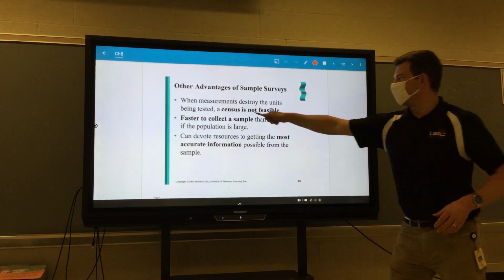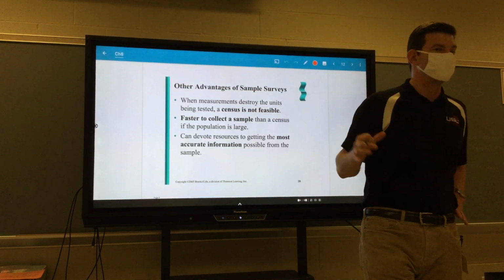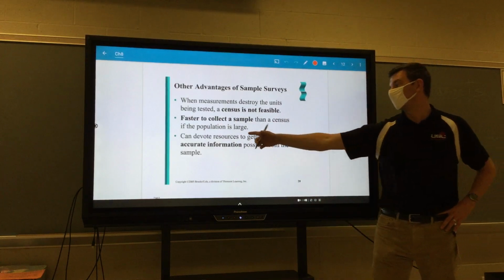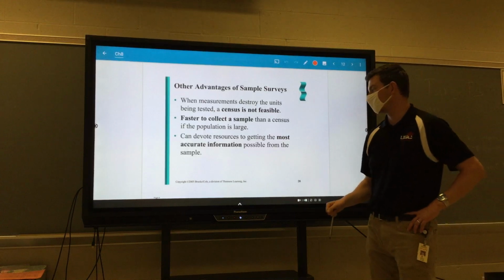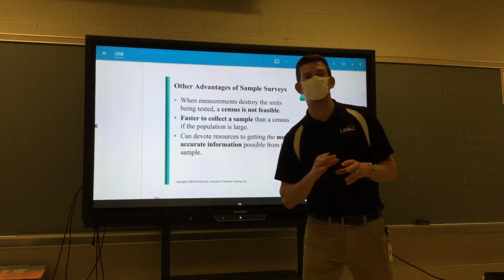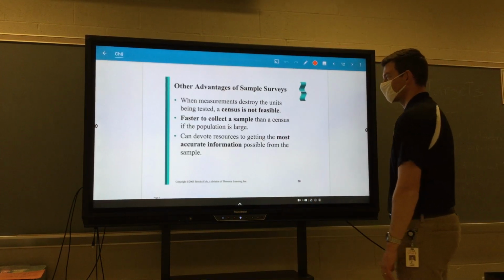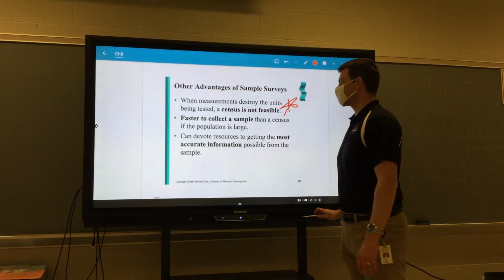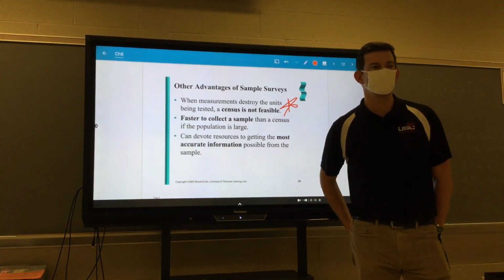Now, we already mentioned a couple of reasons as to why a sample is better than a full-blown census. Okay? It's faster to collect. You can devote important resources, money, time, energy, to the most accurate information possible rather than just the sheer volume of responses. That's what you're looking for in the census. There's also this one. When measurements destroy the units being tested, a census is not feasible.